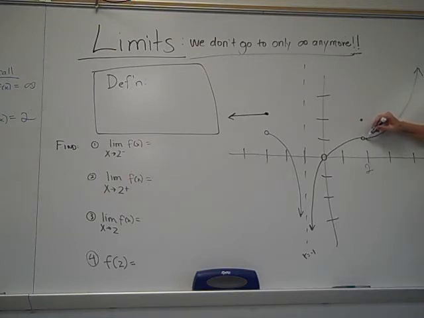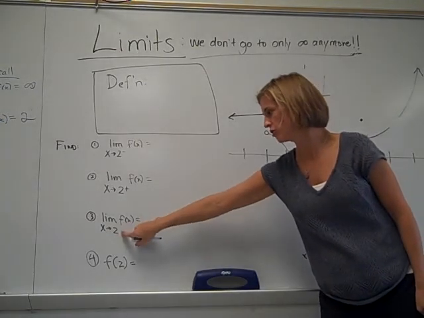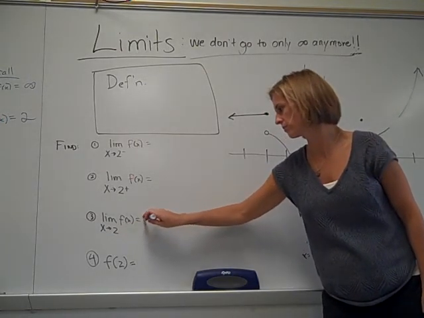What y value am I getting close to? 1. As I come from this side, here I'm at 0, now I'm at 1, now I'm at 1.5, 1 3/4, I'm almost at 2. What y value am I getting close to? The same one. I'm still getting closer and closer to the y value of 1. The limit as x approaches 2 of f of x is 1.